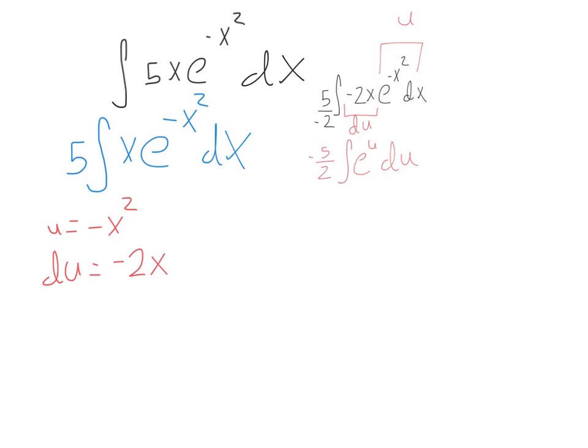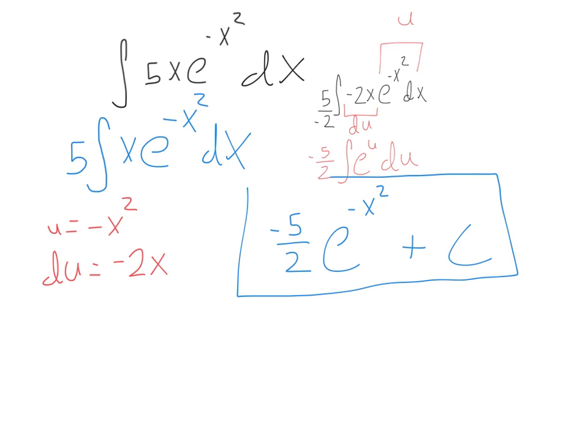So the integral of e to the u is just e to the u. So we have negative 5/2 e to the, well, my u was a negative x squared. And don't forget your plus c. And there's my answer. Just like that.